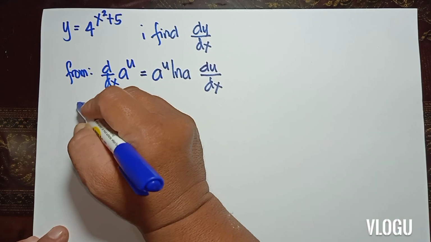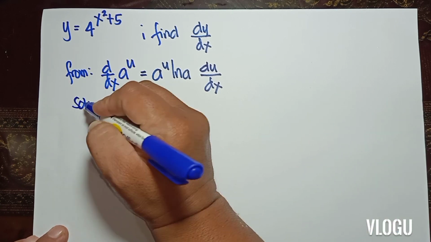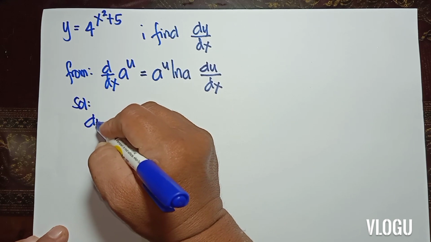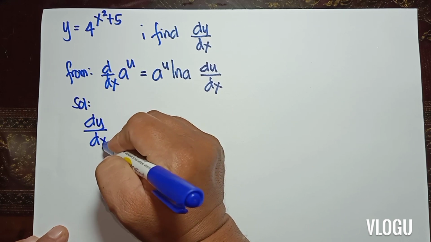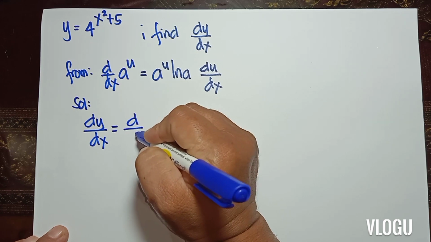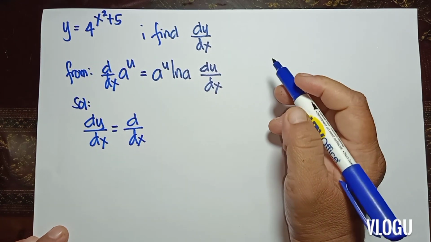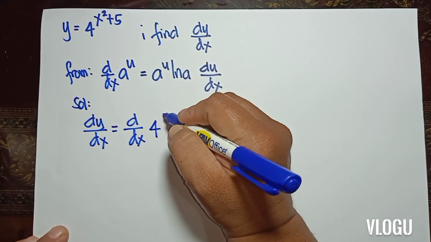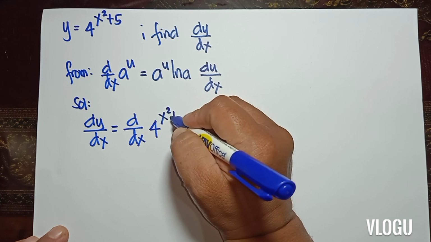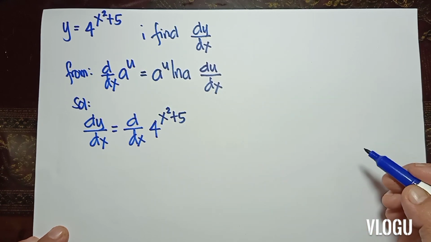So therefore, solution here: dy over dx is d dx of 4 to the x squared plus 5.